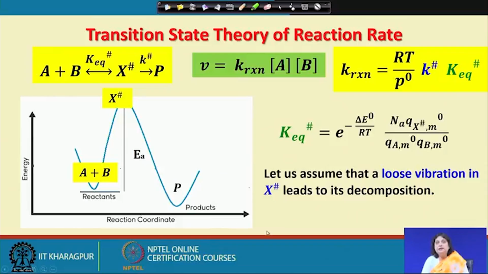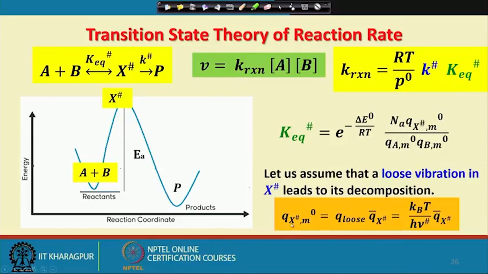If that happens, X dagger may be comprised of many atoms, but one vibrational mode is loose, and that bond is broken as the system goes from the reactant to the product state across the transition state.